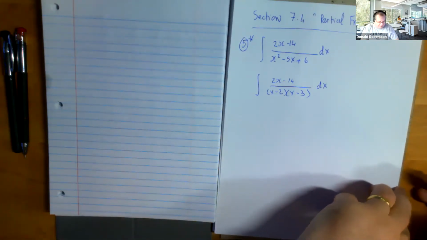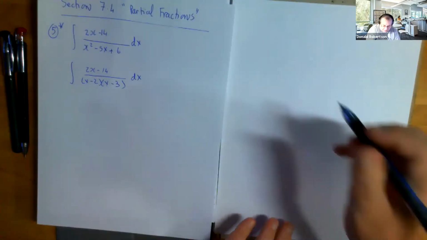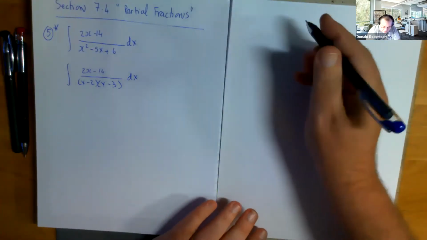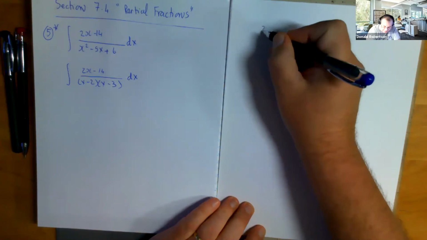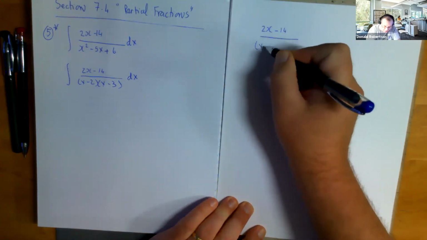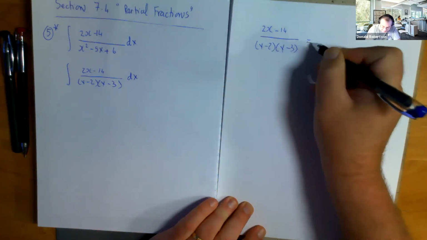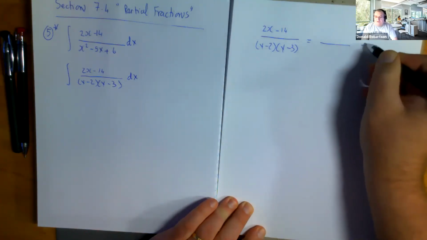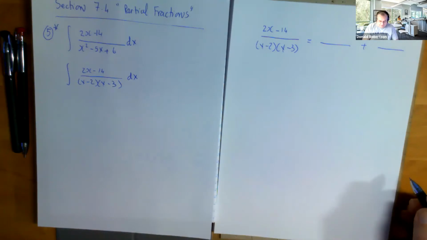I'm going to put that guy over here. And let's just fix this guy. So this is, I guess, like my working on the side. Would you agree this breaks into 2 partial fractions?